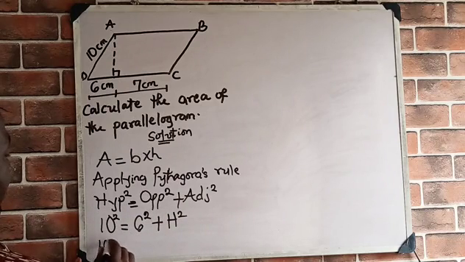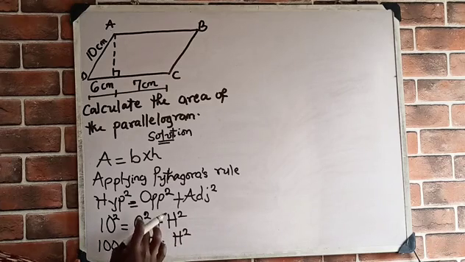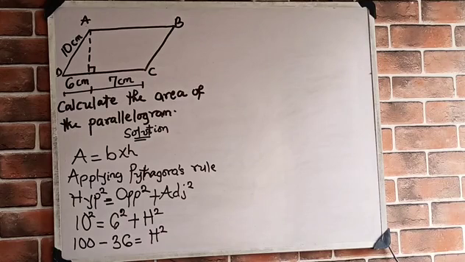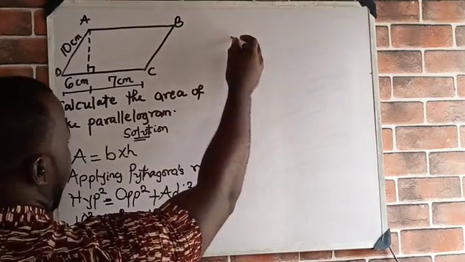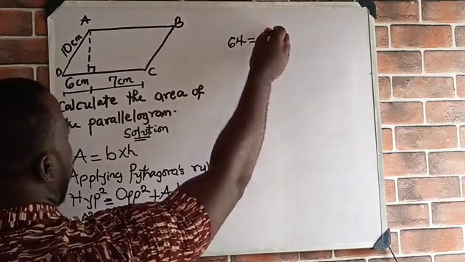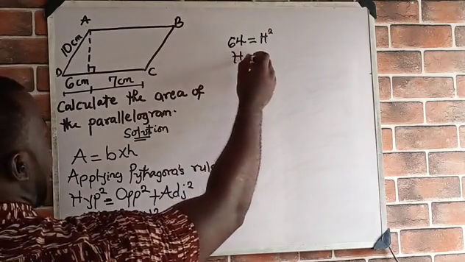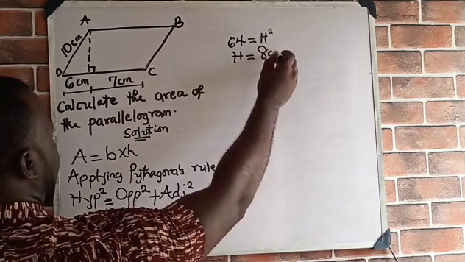That will give me 100 minus 36. I transposed there. Having 100 minus 36 will give us 64 equals the height squared. Now finding the square root of both sides, I will have that my height is equal to 8 cm.